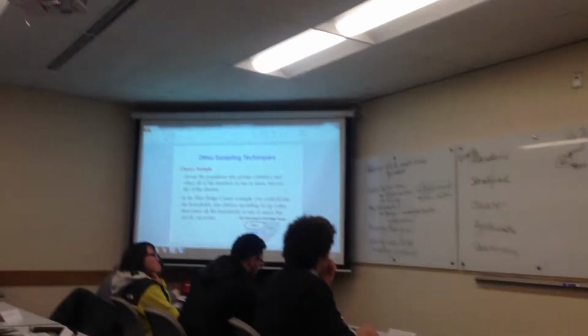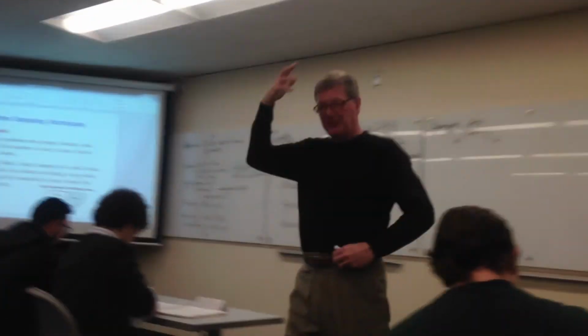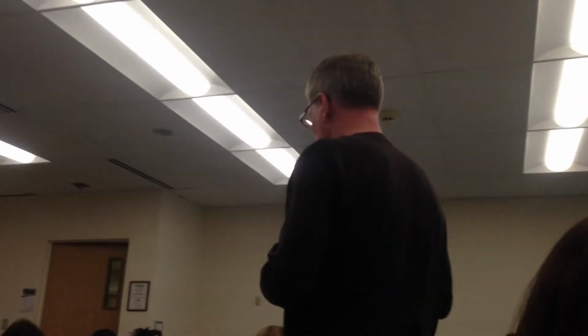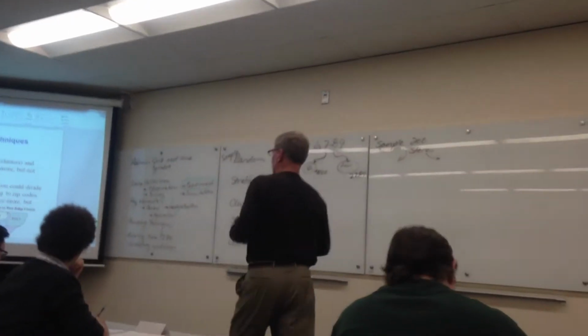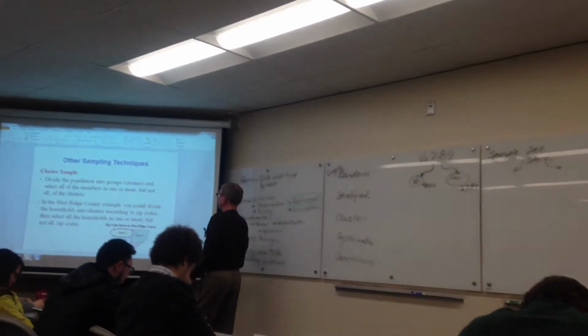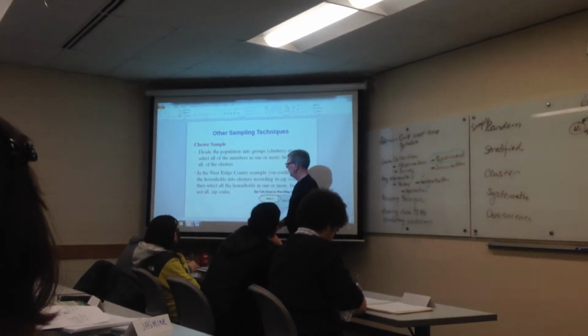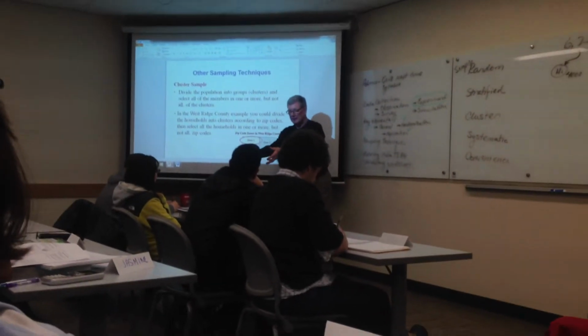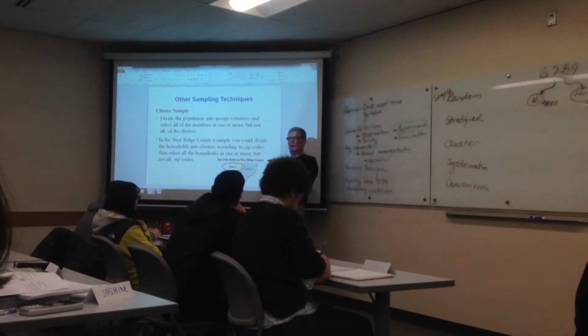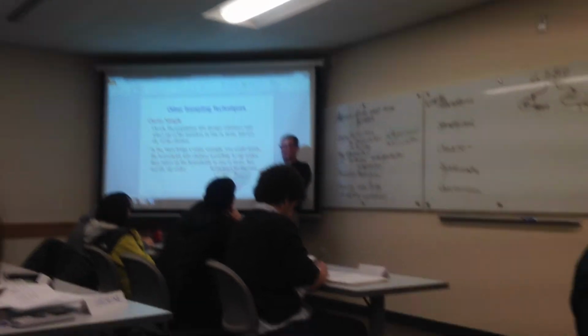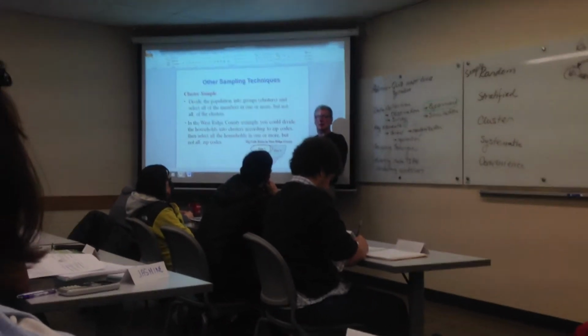A cluster sample. So a cluster sample kind of looks and feels like a stratified sample, but it's slightly different. What you do is you randomly select clusters. So if I divide the population into clusters, and then what I do is I randomly select clusters, and then I look at every McDonald's store in that cluster.